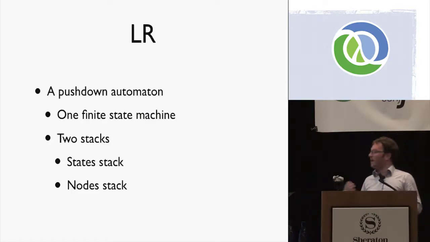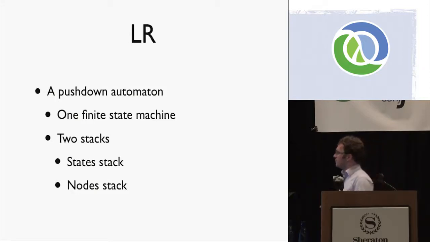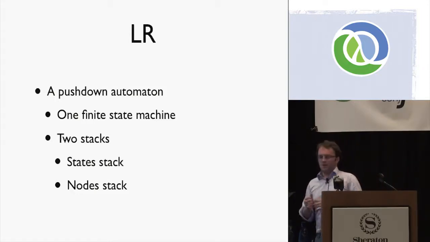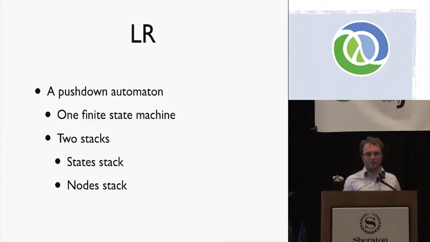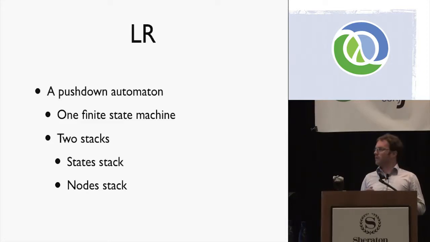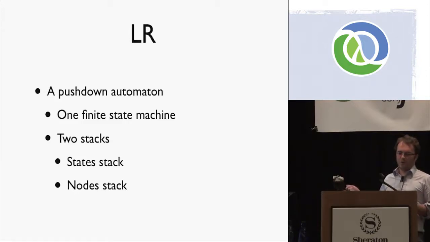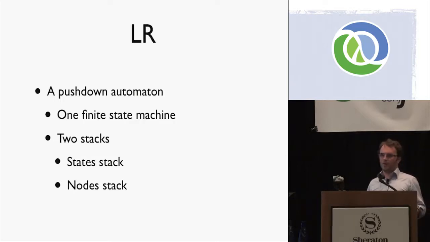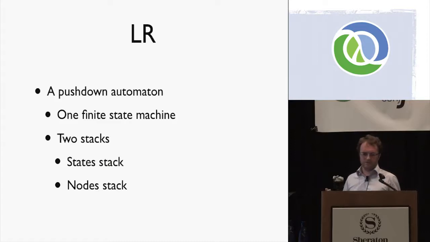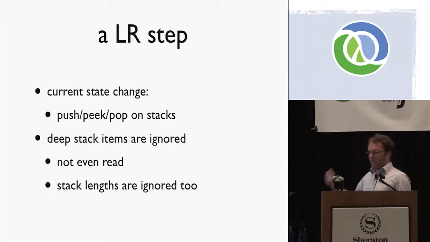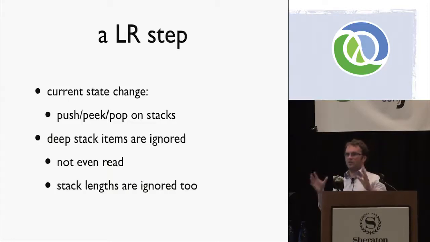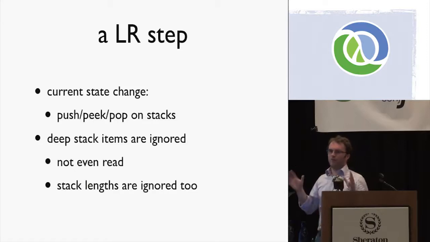So LR, if you remember your compilers lessons, is a push-down automaton, and that is basically a finite state machine with two stacks, one stack for nodes and one stack for states. At each step, the current state, that is the state of both stacks, is going to change.